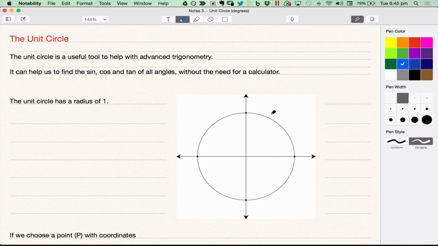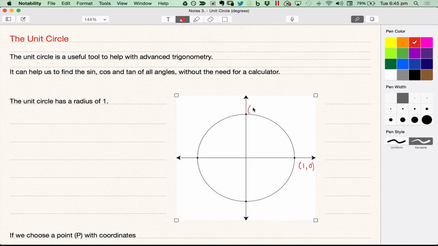So I've drawn a circle here on our Cartesian plane, and the unit circle has a radius of 1, so that means from here to here is 1, so we can label this point here 1, 0.